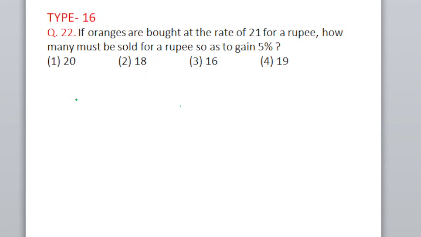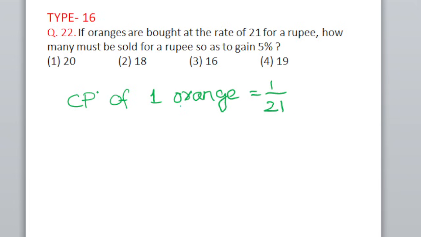Now here, CP of 1 orange is equal to 1 by 21. How many must be sold for a rupee so as to gain 5%?